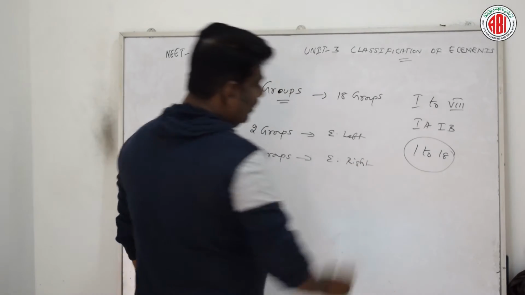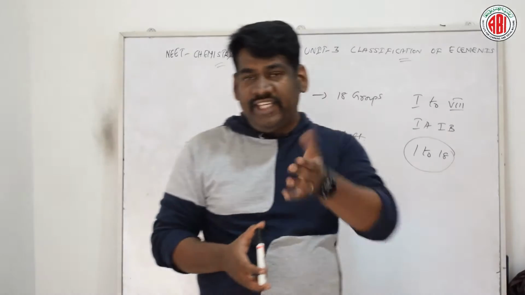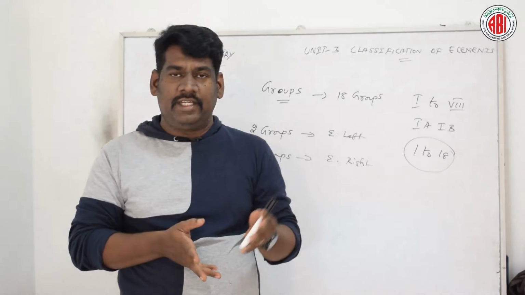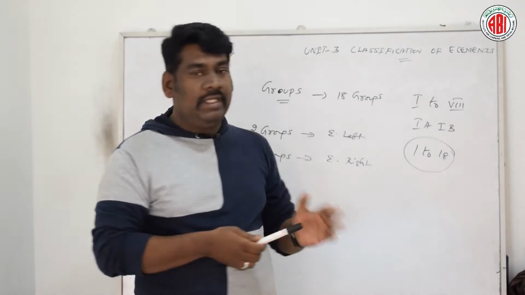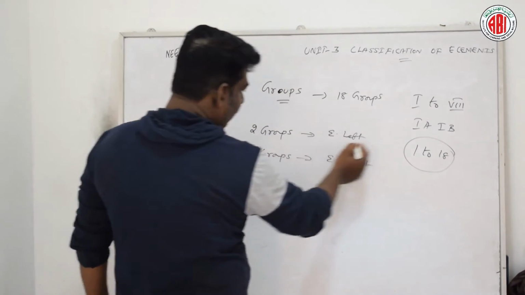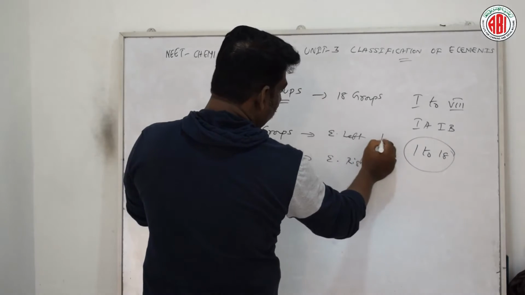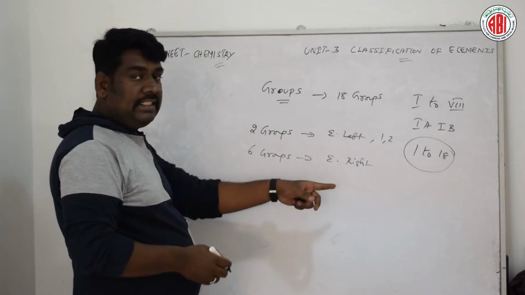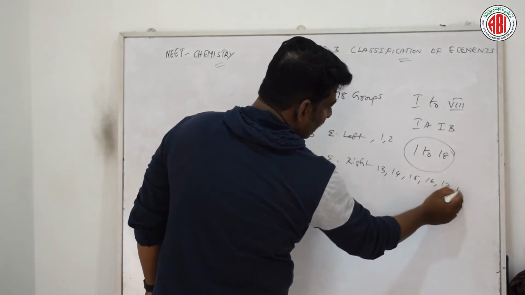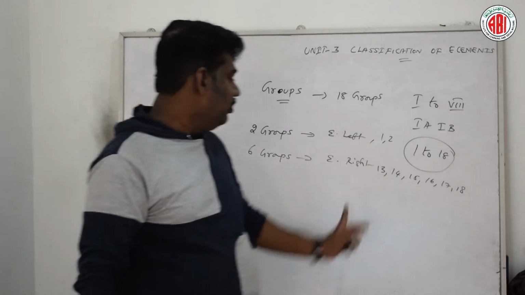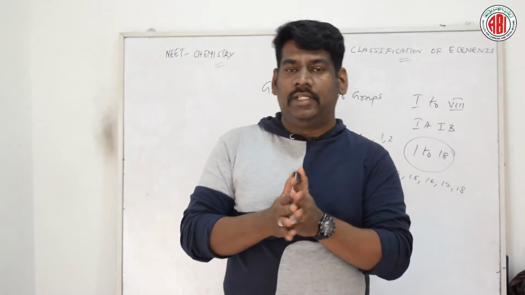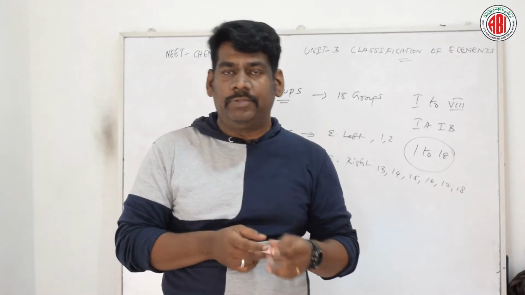These groups represent the main groups of the periodic table, numbered 1, 2, and 13, 14, 15, 16, 17 and 18. So the first 2 groups at the extreme left are 1 and 2, and the last 6 groups start from 13 to 18. Total 6 plus 2, 8 groups. These 8 groups are called the most important, the predominant groups in the long form periodic table.